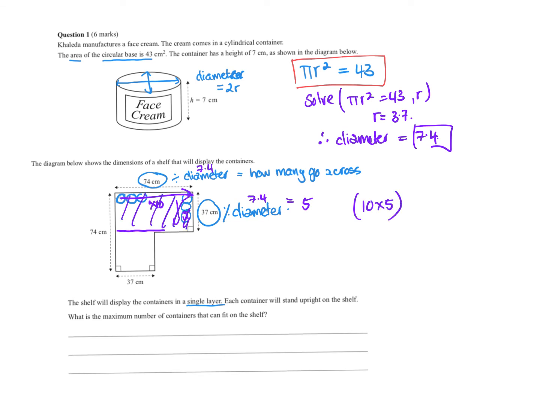And if I've cut this off and said this is 37, remember we can get 5 along here, so I can get 5 by 5, so plus 5 by 5. So in total, what's the maximum I can get? That would be 50 plus 25. So the maximum I can get on the shelf is 75 containers.